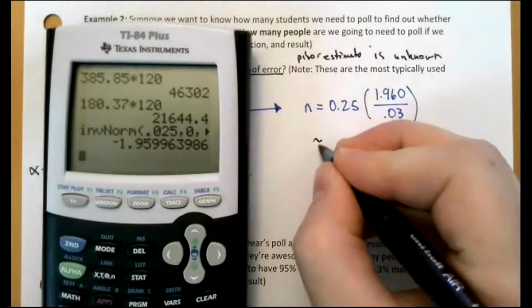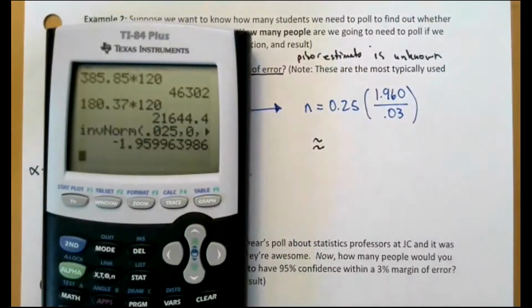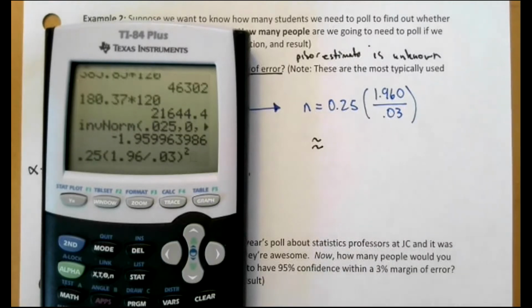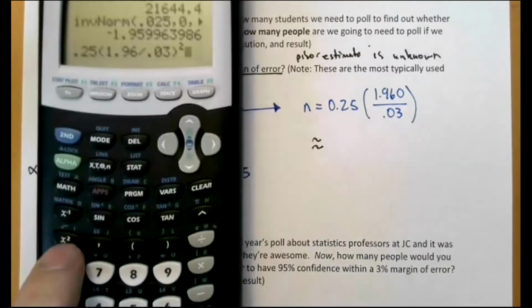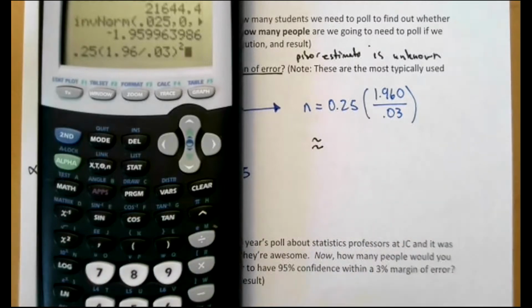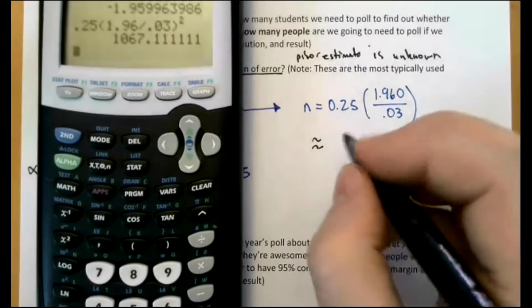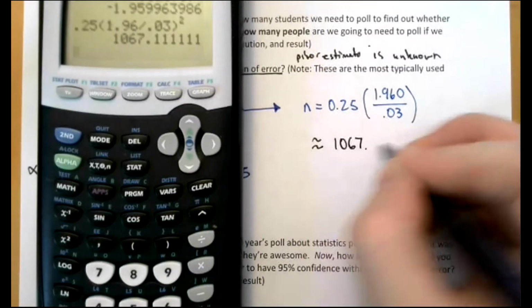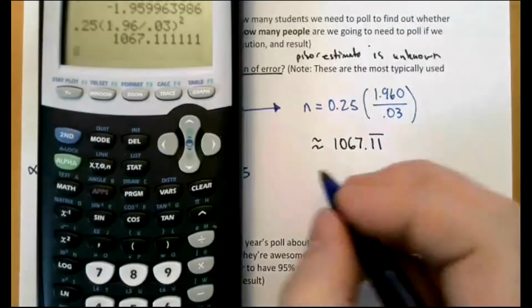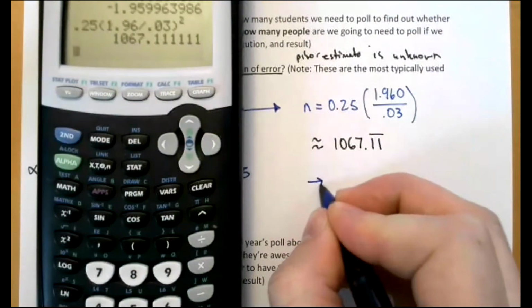I'm going to get an approximation first. I'll do 0.25 times 1.96 divided by 0.03, close the parentheses, and then the squared button. You could also use the caret and the 2. Hit enter, and you get 1067.11111 forever. And then recall we have to round up.